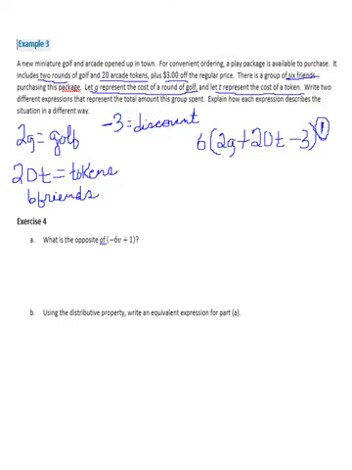How can I write another expression? I can just use the distributive property and carry that 6 through what's inside the parentheses. So 6 times 2G would give me 12G plus 6 times 20T would give me 120T.